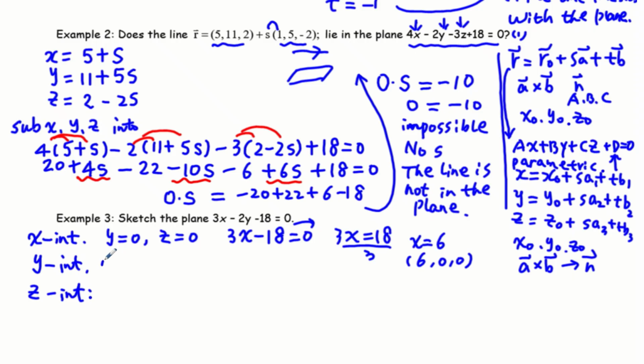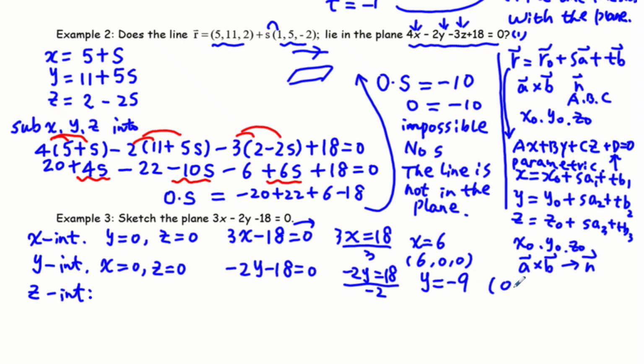And the y-intercept is when x and z equal 0. So sub in, we have negative 2y minus 18 equals 0. Then negative 2y equals positive 18, bring the negative 2 to the other side. y is -9.